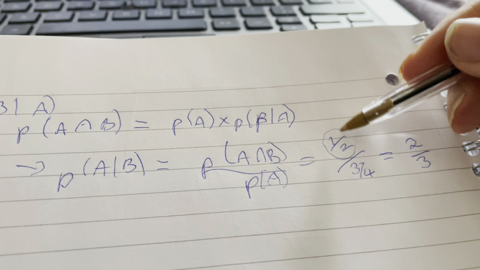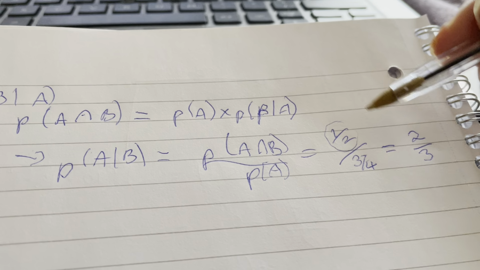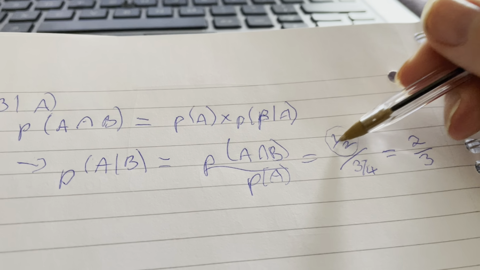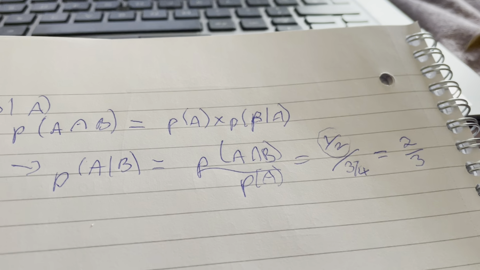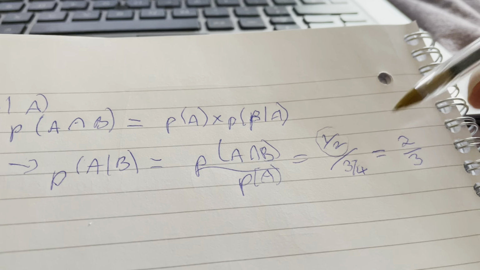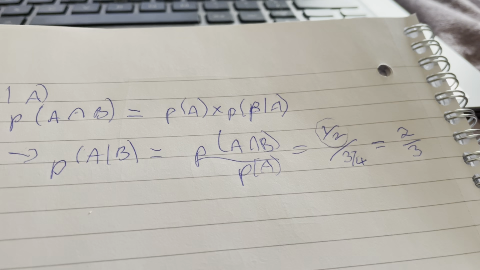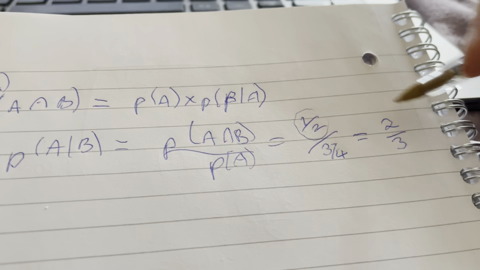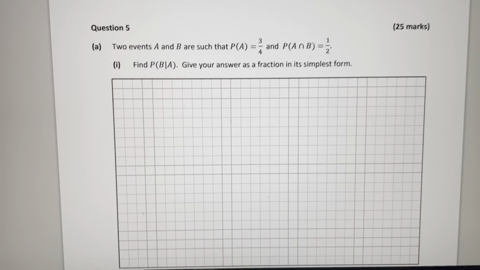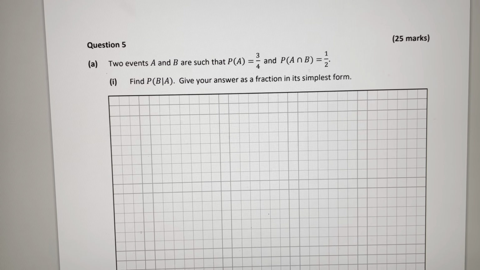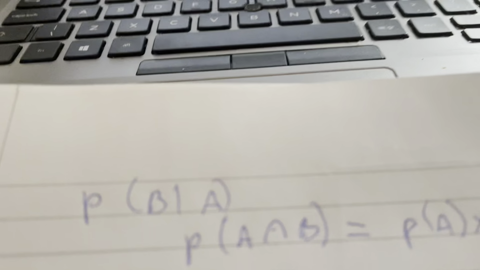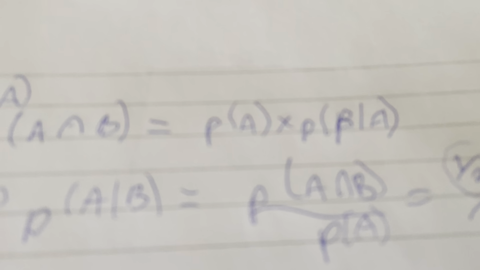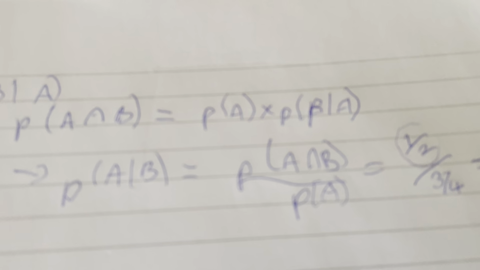Because you've got a fraction above and below, that shouldn't disturb you. You're just multiplying whatever is above the line and below the line by 4. If you're multiplying by 4 over 4, it's multiplying by 1, so it doesn't change the number. So you get 2 over 3. So that's grand. And here we didn't have to determine whether they're dependent or independent, because we just say the probability of B given that A has happened.